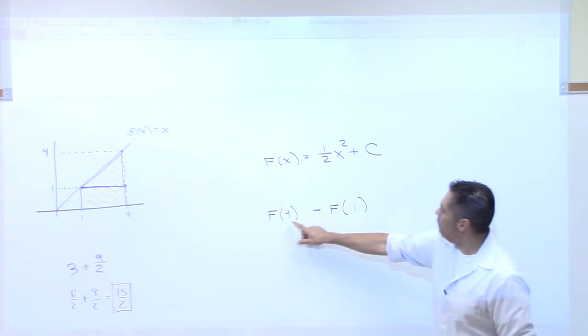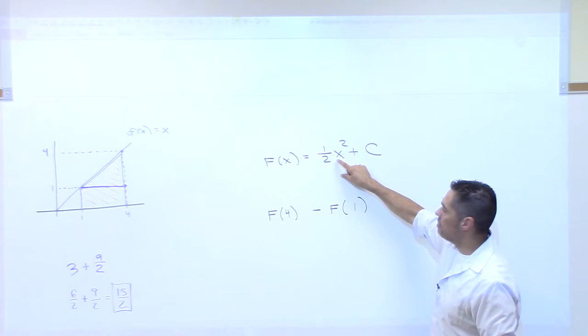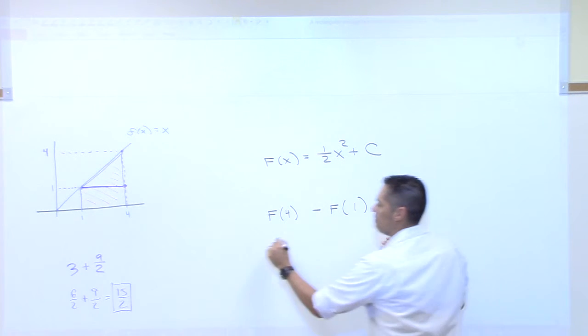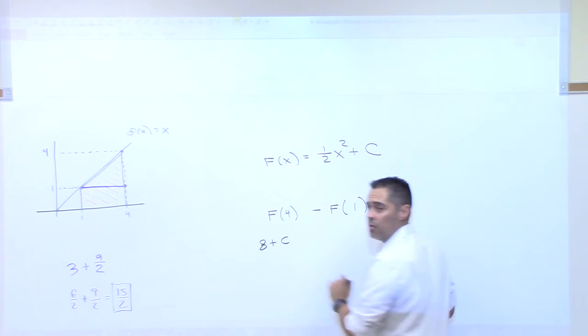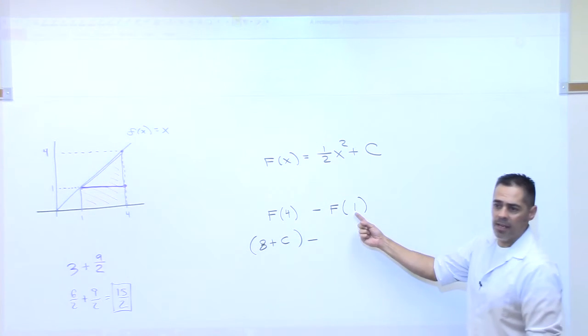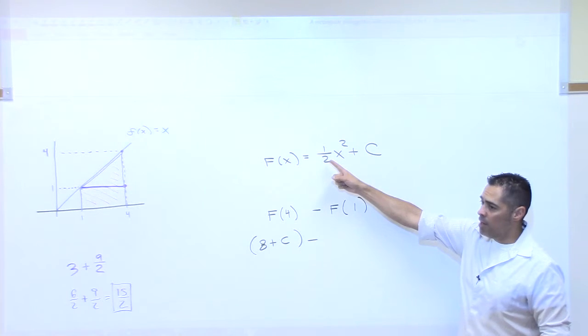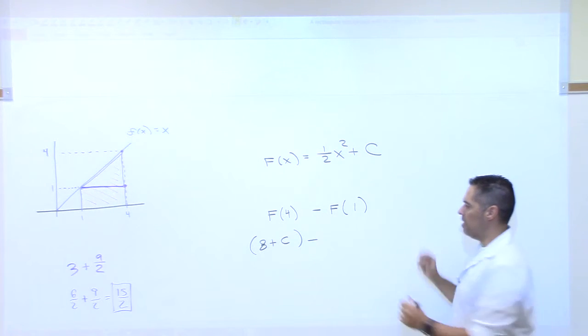Okay, so let's plug 4 into this and see what we get. 4 squared is 16. Half of 16 is 8. So I'm going to have 8 plus c. Agreed? Okay, then I want to subtract from that. Let's plug 1 into this. 1 squared is 1. Half of 1 is 1/2 plus c.